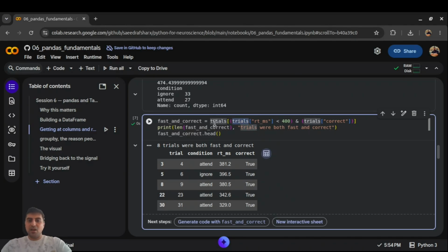For example, read it like this: in the trials data frame, the whole data set, take the rows where the reaction time, or RT, is less than 400, and the trials that are correct. So this will only report back the values where both of those conditions are true: reaction times under 400 milliseconds and tagged as correct. You can see it. These 8 trials were both fast and correct, basically. That's what we meant.